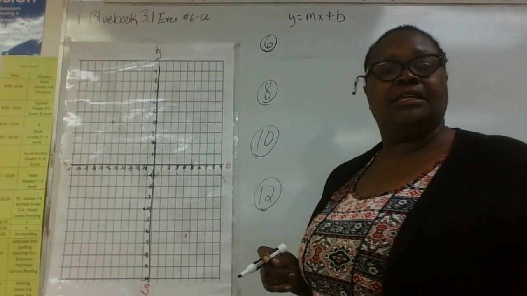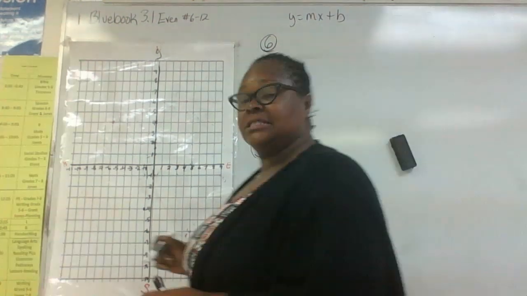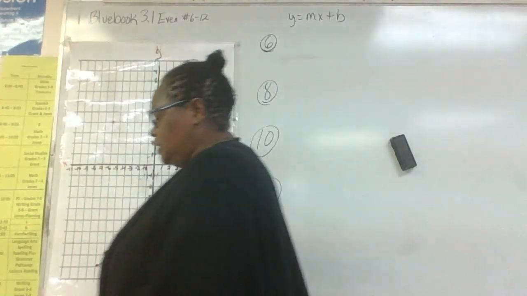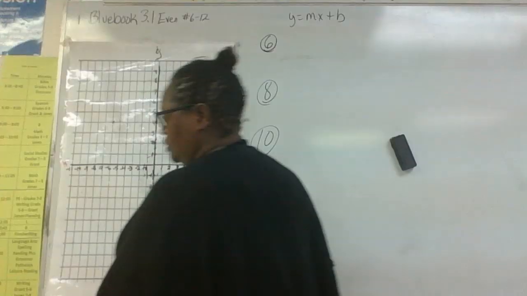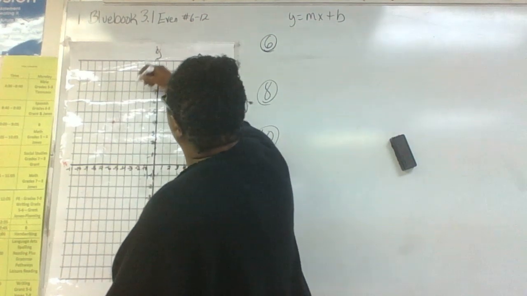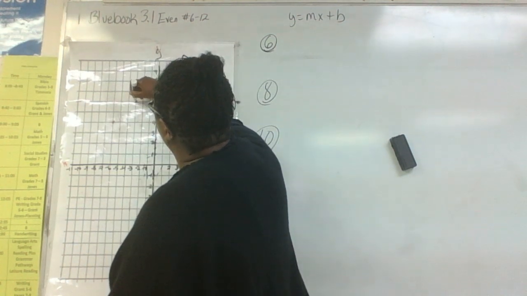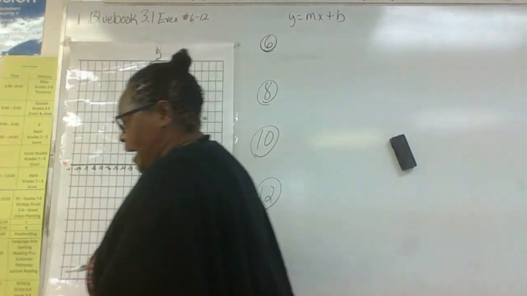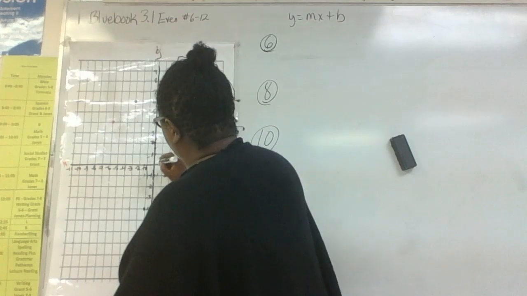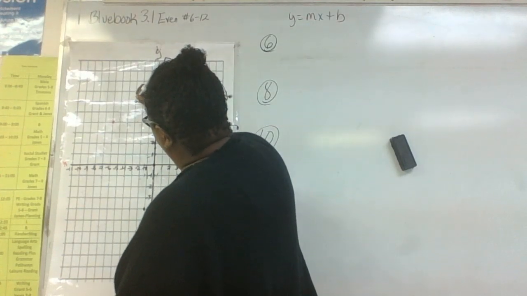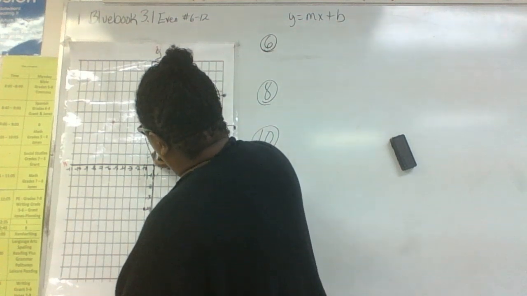All right, so now let's take a look at what 6 looks like. This is the information they gave us. They told us that we have coordinates of -3, 6 here, and 0, 0 here. And so therefore this is our line.